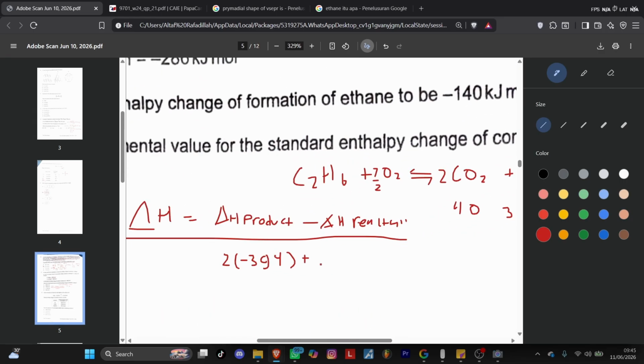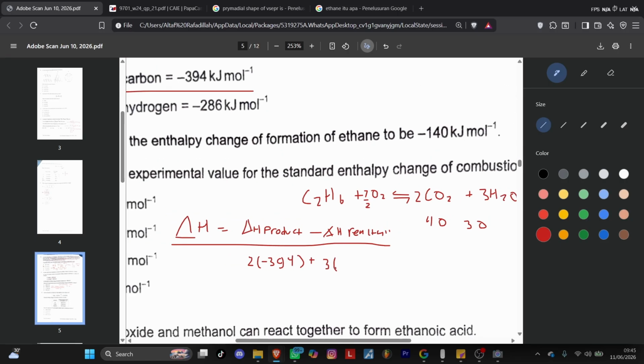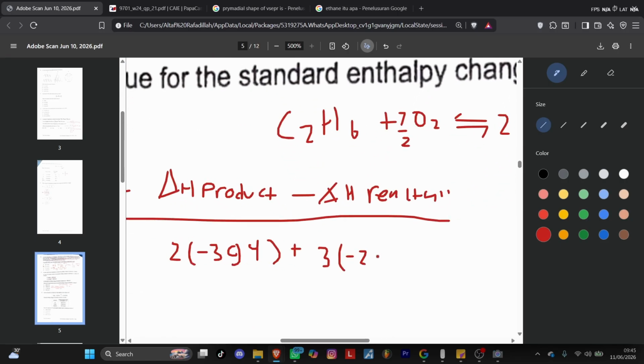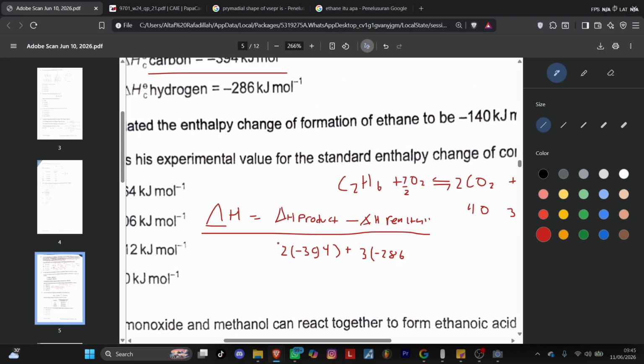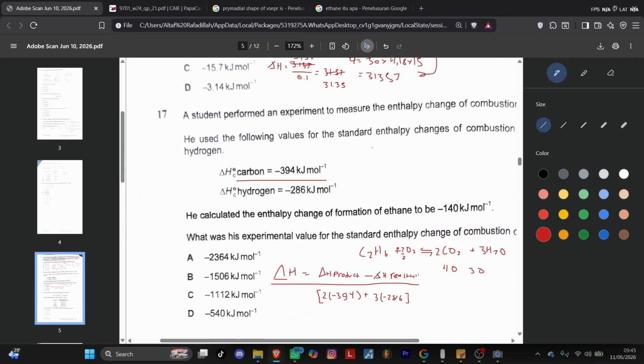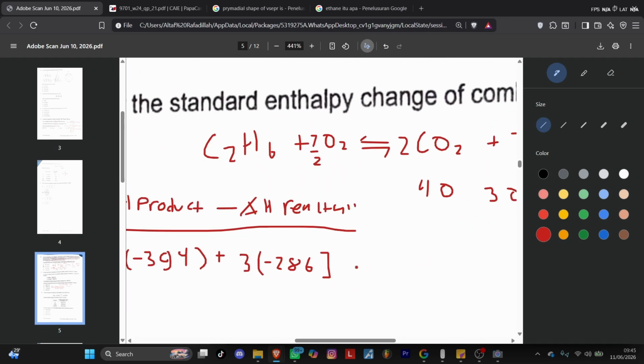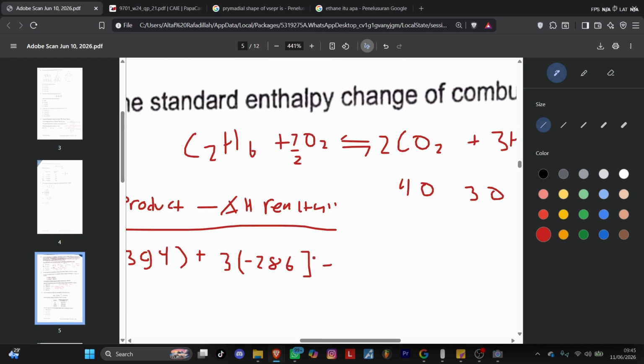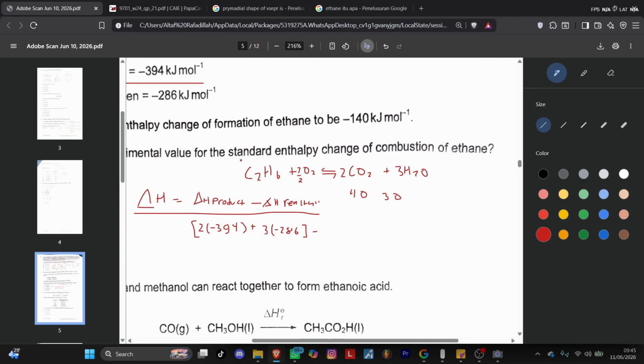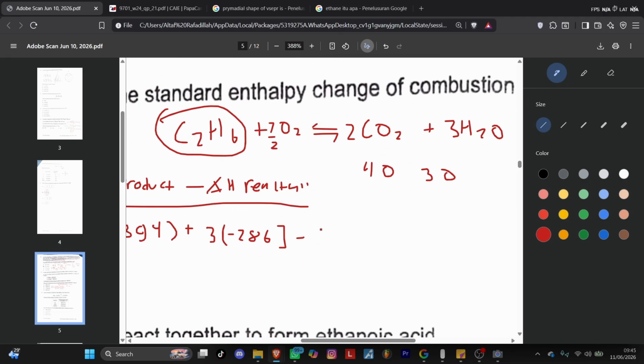So 3 times minus 286, and then we subtract 140, because there is an ethane here, means minus 140.